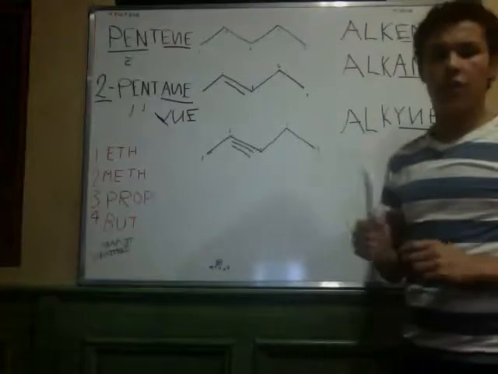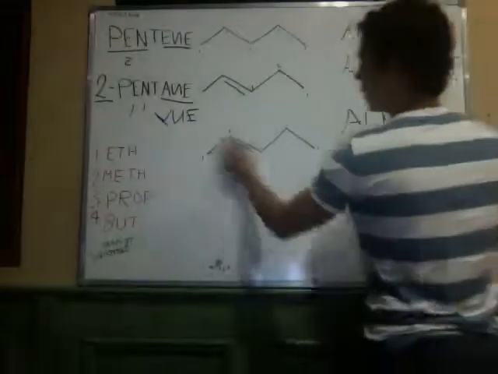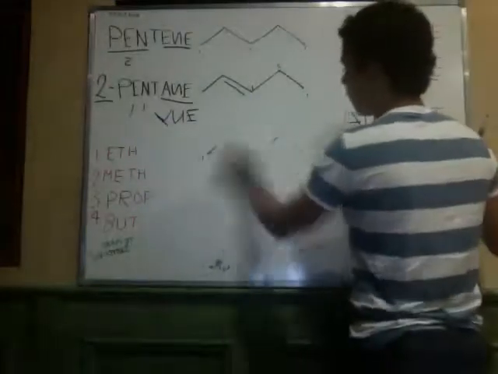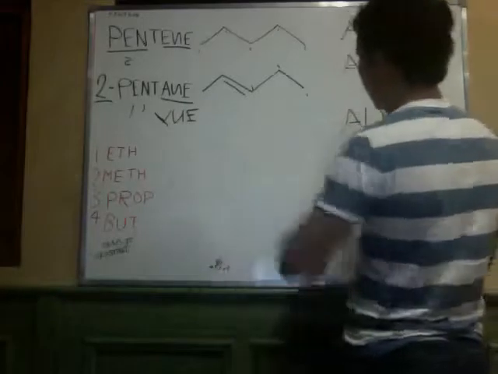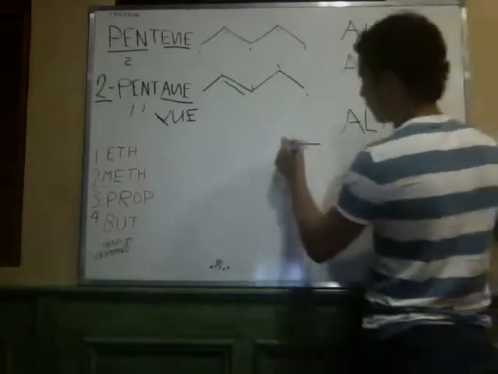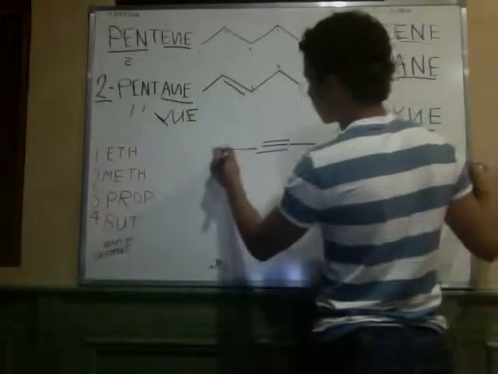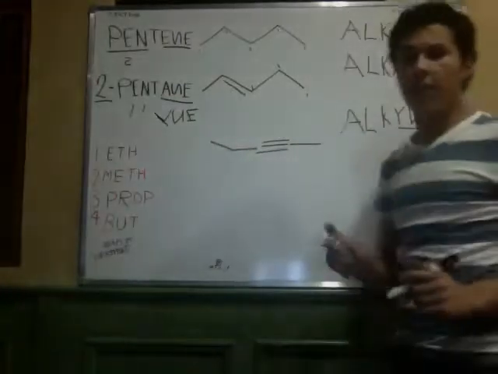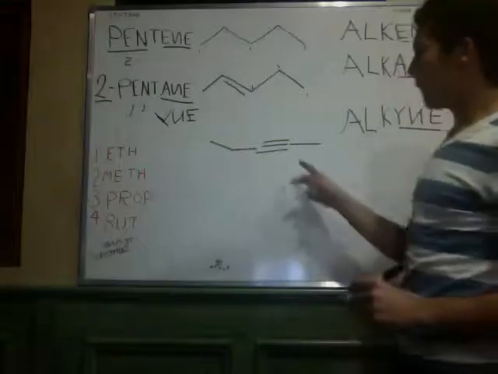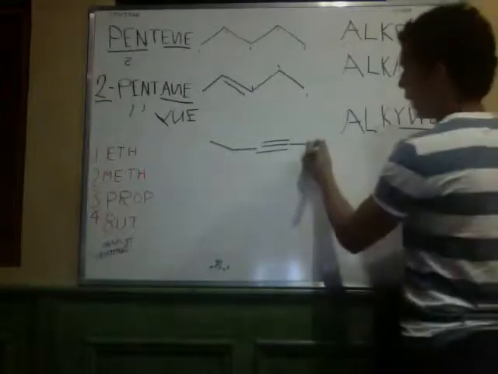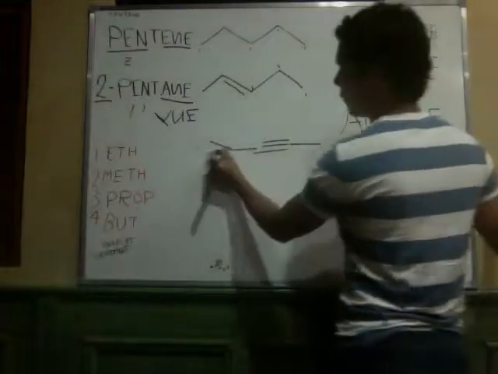But something you gotta be really careful about is when you have your skeleton drawn like this. This might be really confusing because at first look, it would seem like just 3 carbons, 1, 2, 3.